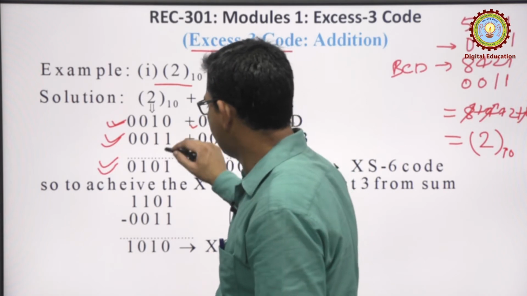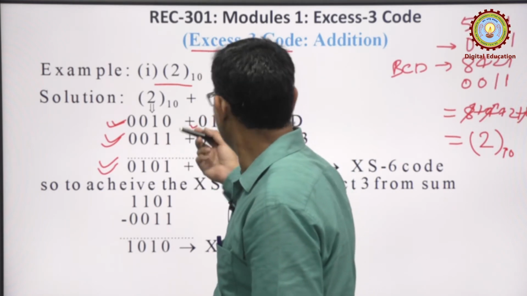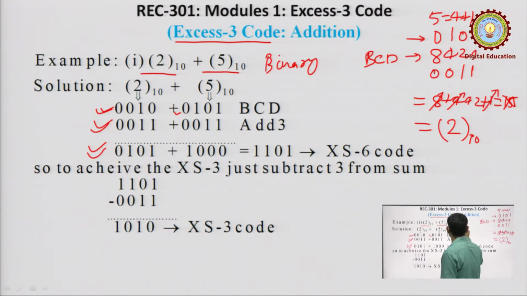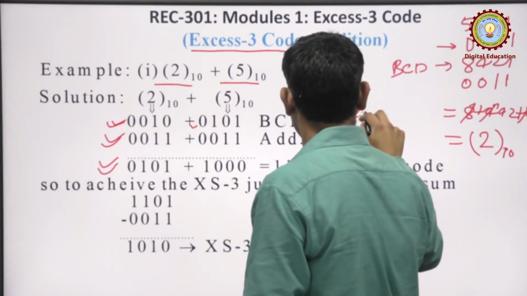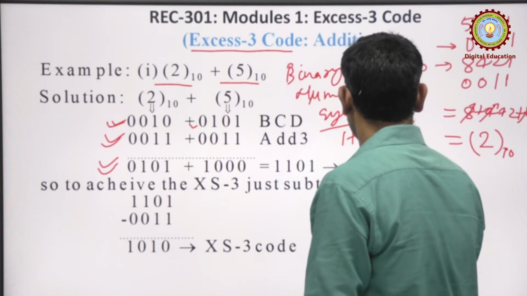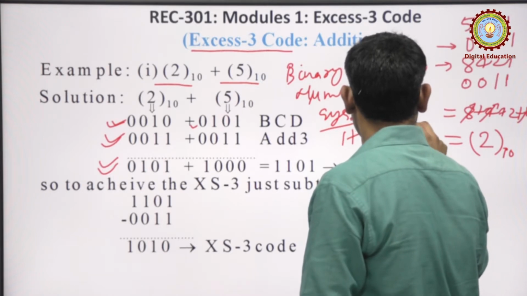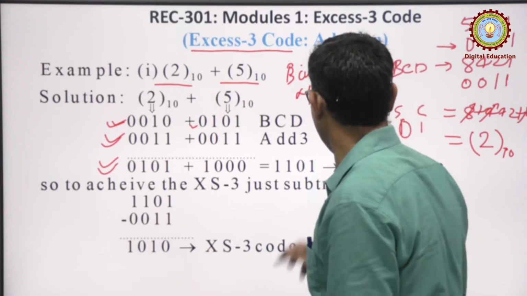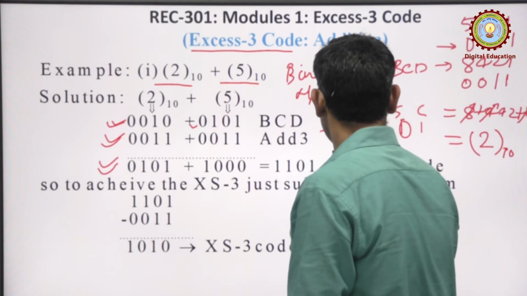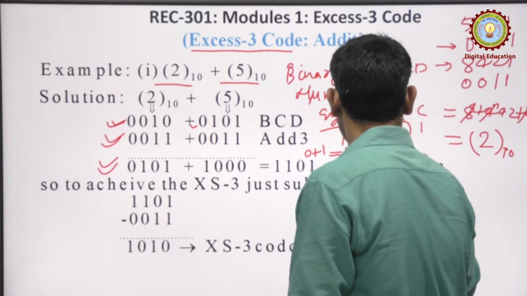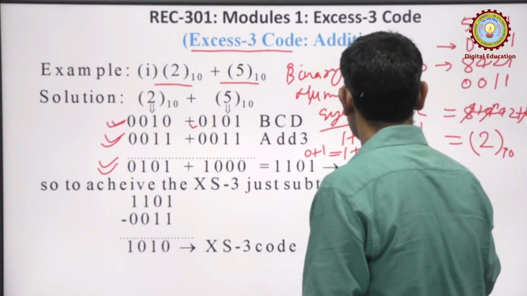We will add these two digits, 1 plus 0. We know in the binary number system, 1 plus 1 gives sum 0 and carry 1. 1 plus 0 or 0 plus 1 gives sum 1 and carry 0.